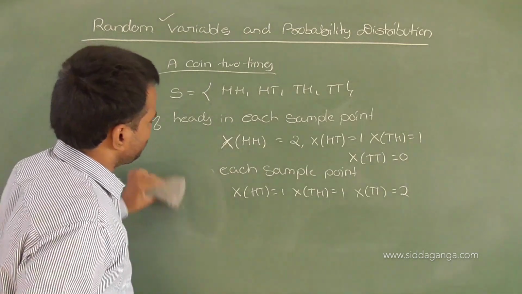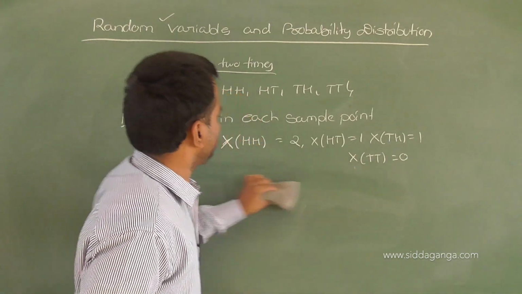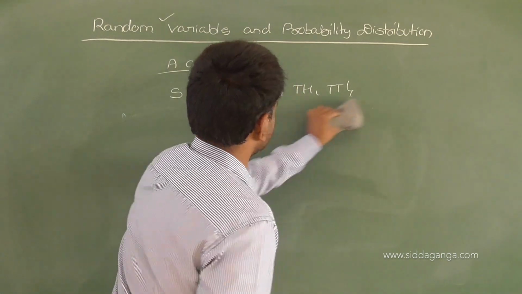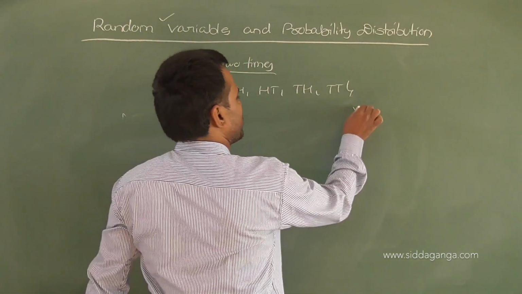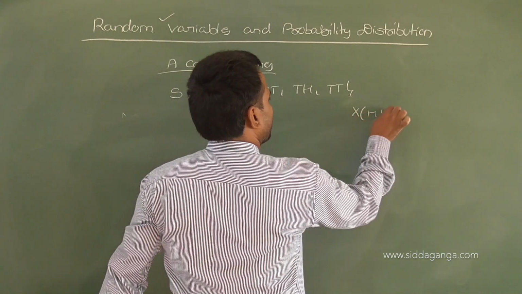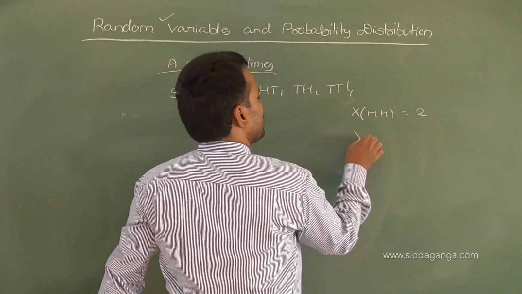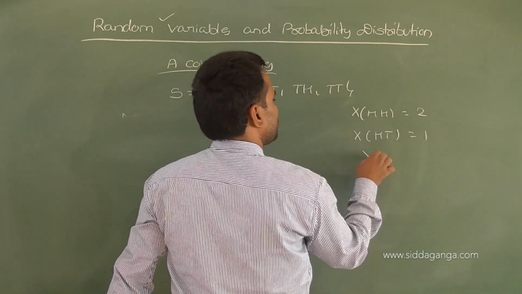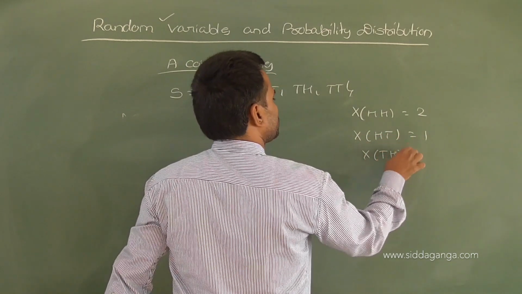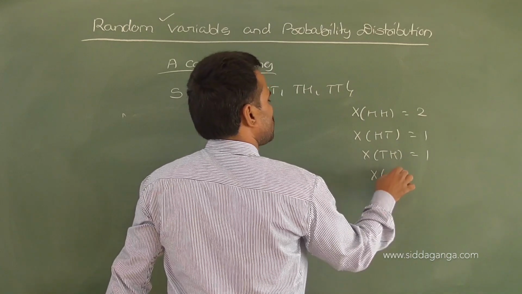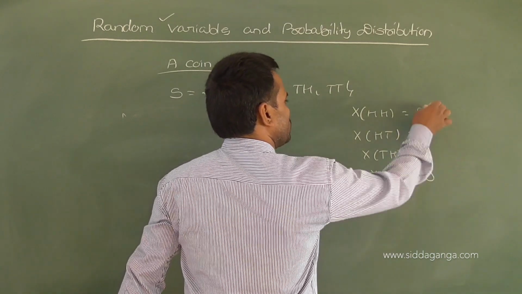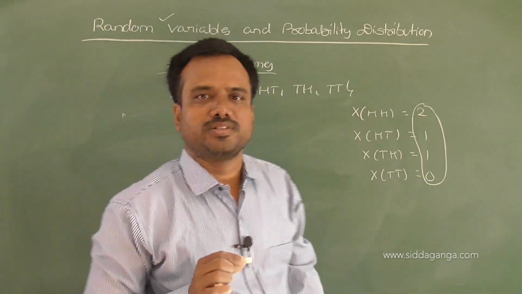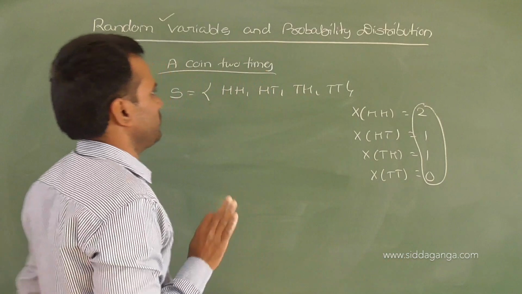Take any one example, random variables for number of heads: X of HH is 2, X of HT is 1, X of TH is 1, X of TT is 0. These values we call random variables. I think you are clear about the random variables.